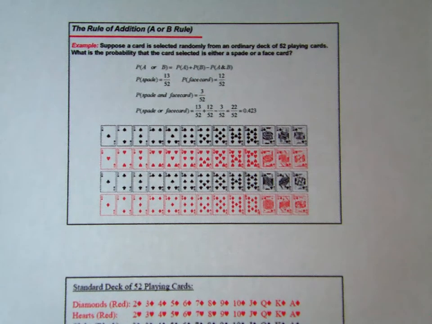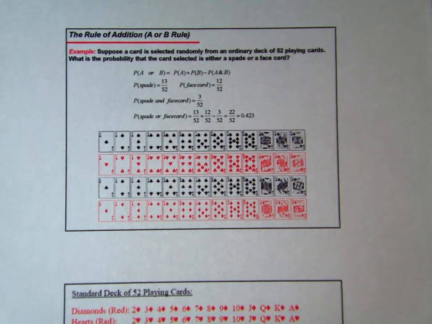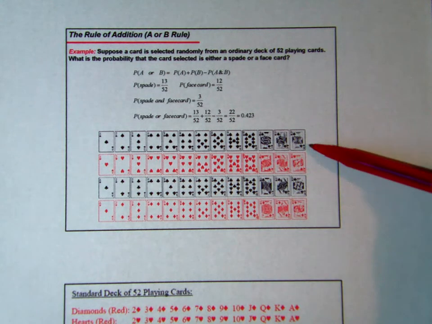All right. Next scenario we're moving to is dealing with a standard deck of cards. You need to be familiar with what's in a deck of cards. Some basics: there are 52 cards. A standard deck does not include jokers. Half of them are red, and half of them are black.